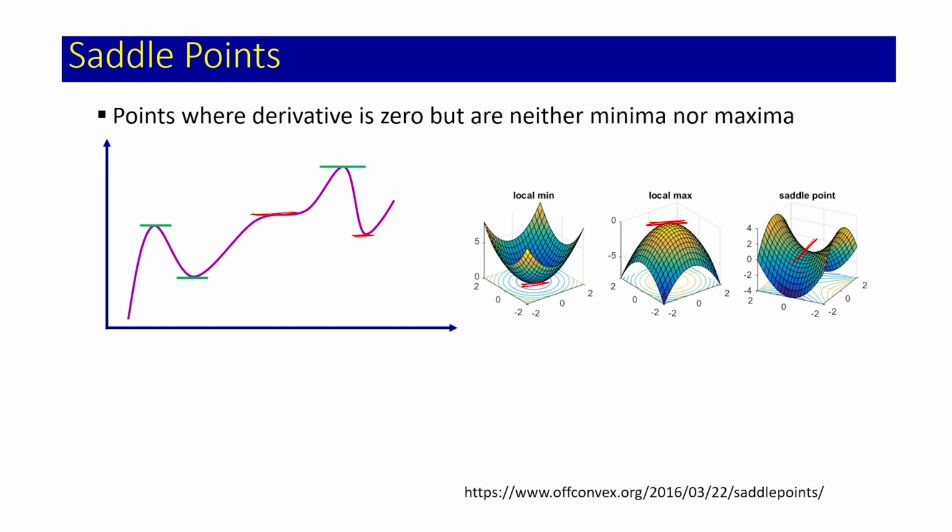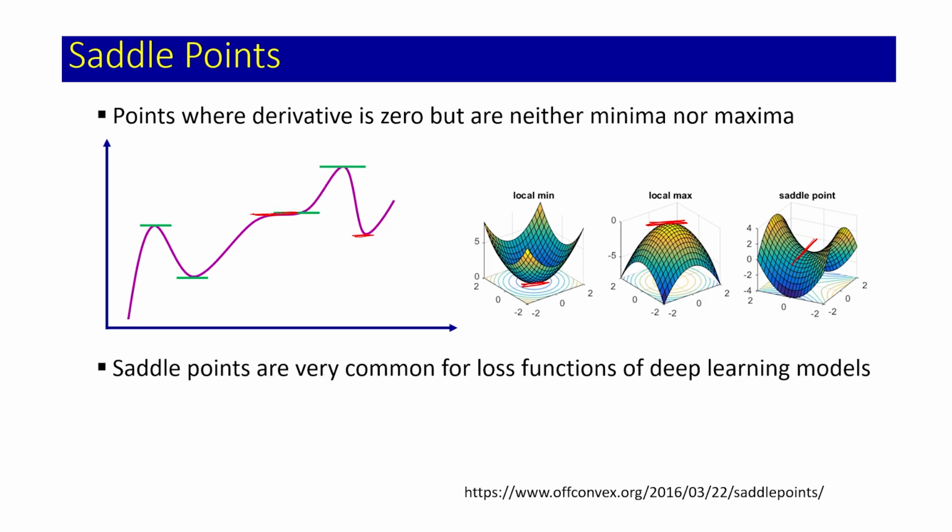So, at saddle points also the derivative will go to 0. That is the problem actually. With multivariate functions, saddle points, maxima, minima, everything will have derivatives equal to 0. How do we find out what is the minimum? These saddle points are very common in the loss functions of deep learning methods. That is why we need to handle these optimizations very carefully.